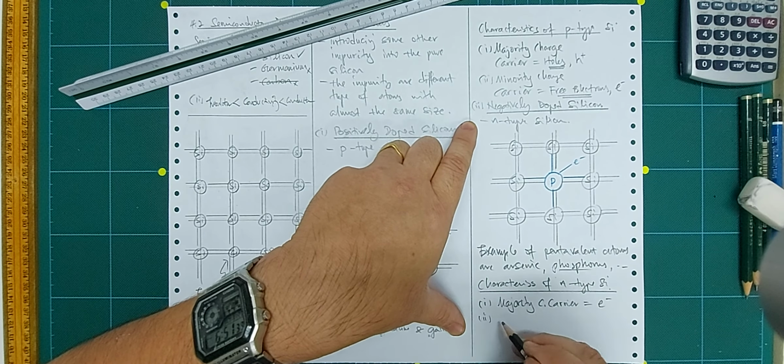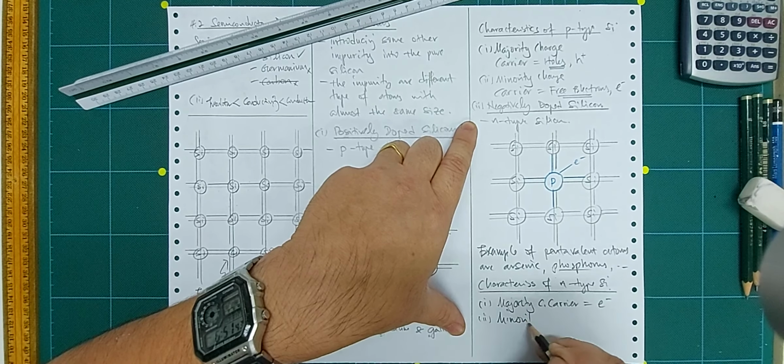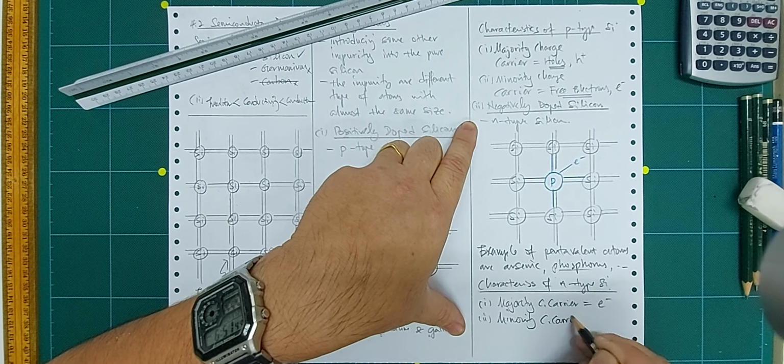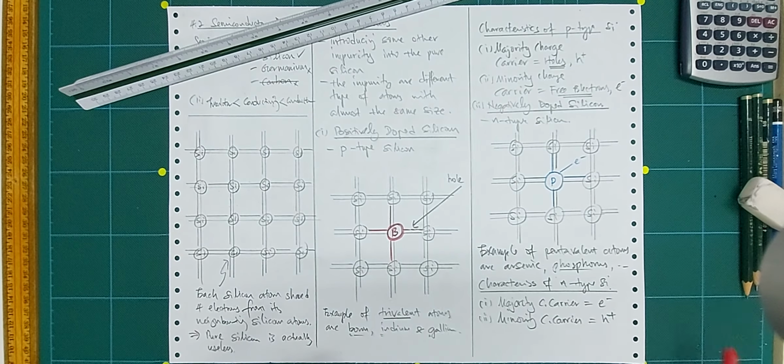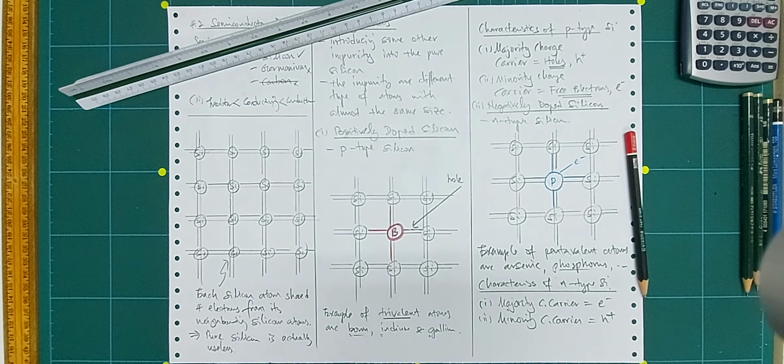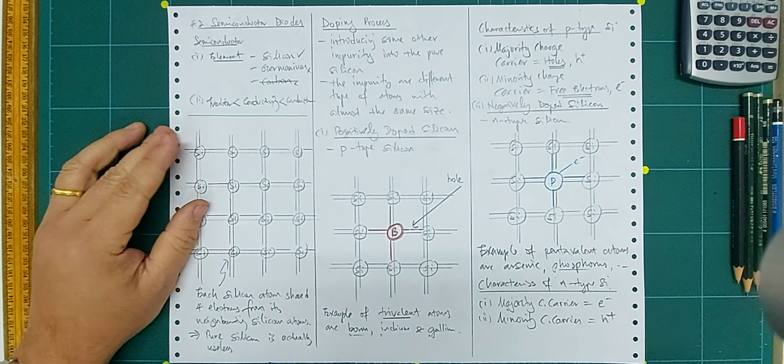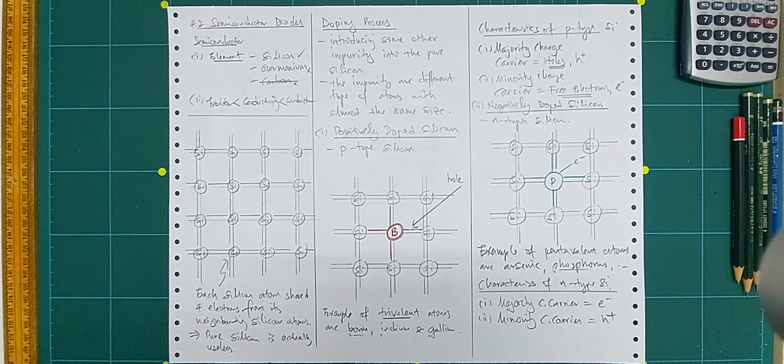And then our minority charge carrier are these holes. All right, so this is how we produce useful semiconductors.